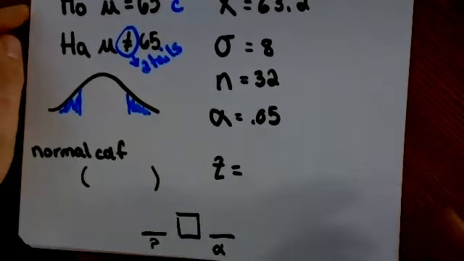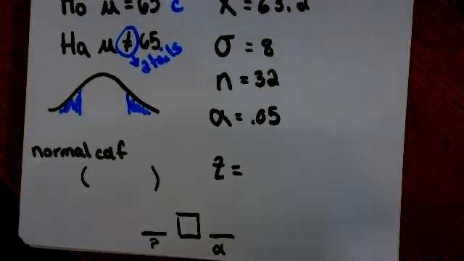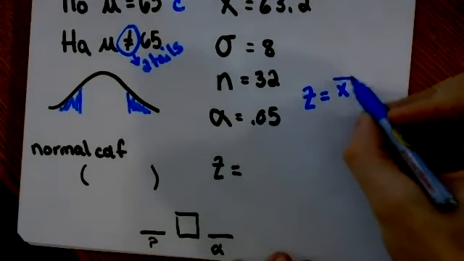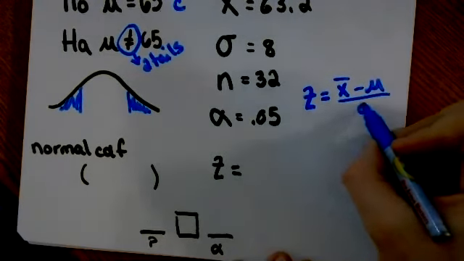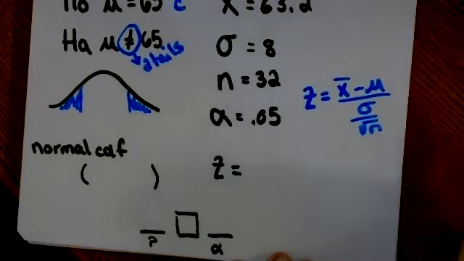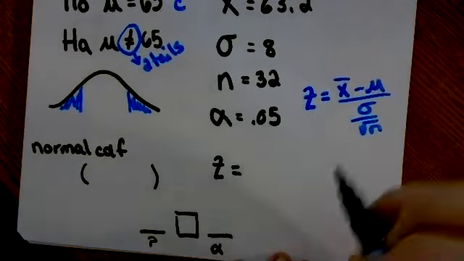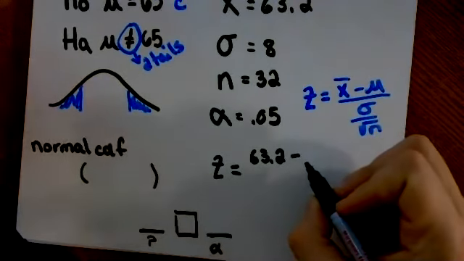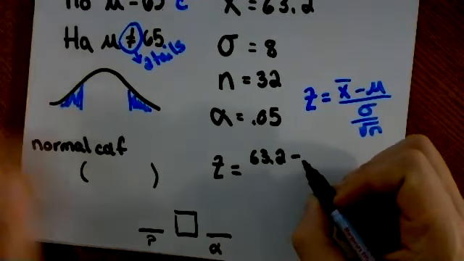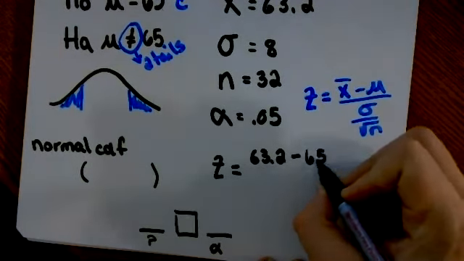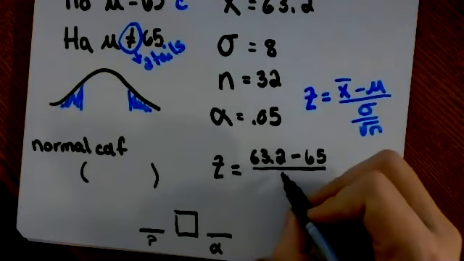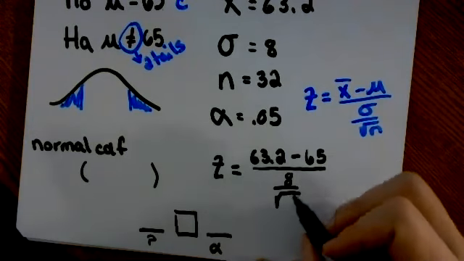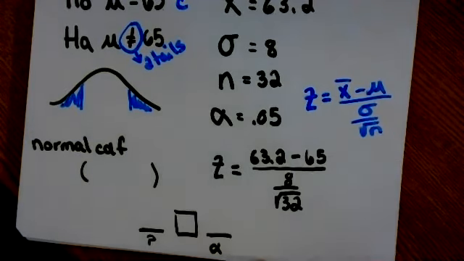So with that, I can come down here and find my z-score. For those of you that don't remember, the z-score formula I'll write down here. It's X bar minus mu over sigma over the square root of n. So I'm going to just fill the variables I have in. 63.2 minus my mu, and my mu comes from my claim up here, which was 65, all over my standard deviation divided by the square root of n, which was 32.